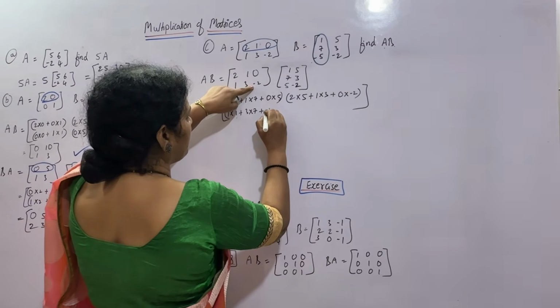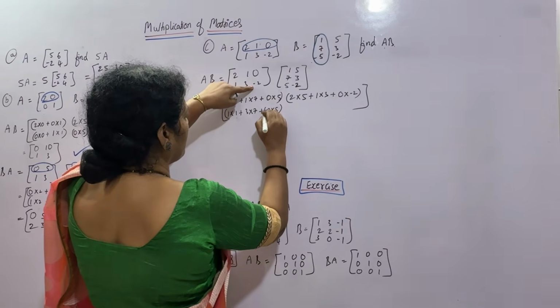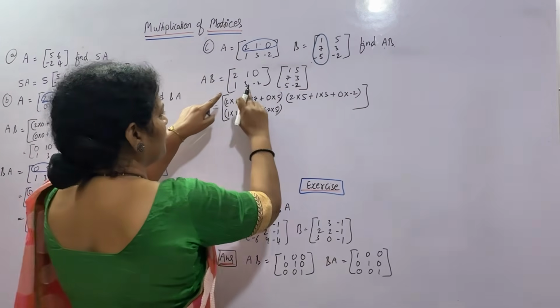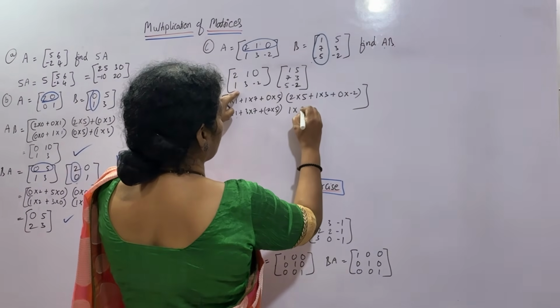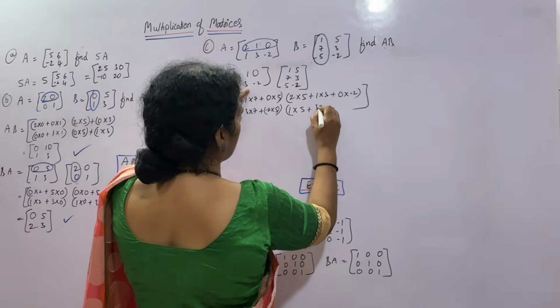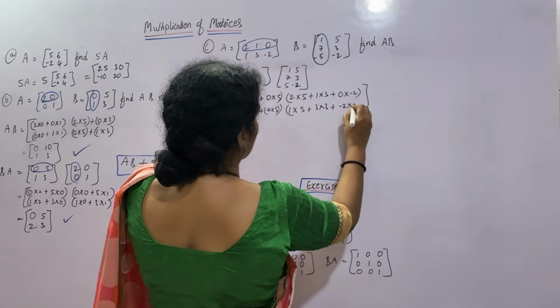We'll write it in brackets, minus 2 into 5. And for the next element, 1 into 5 plus 3 into 3 plus minus 2 into minus 2.